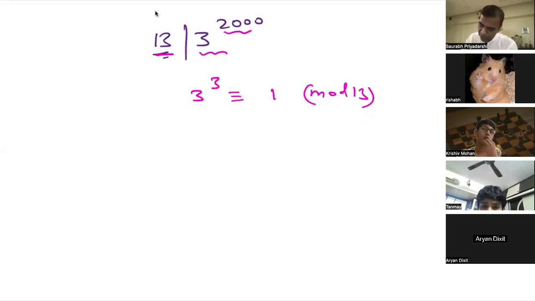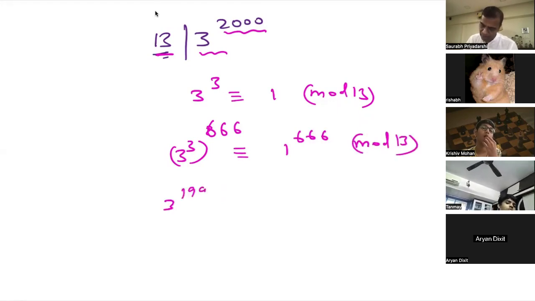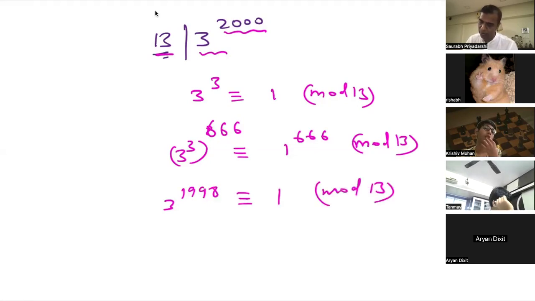And we have to reach 2000. So I can say 3 to the power 3 times 666 is congruent to 1 to the power 666, as we said, we can give the power also, mod 13. So 3 to the power 1998 is congruent to 1 mod 13, right?